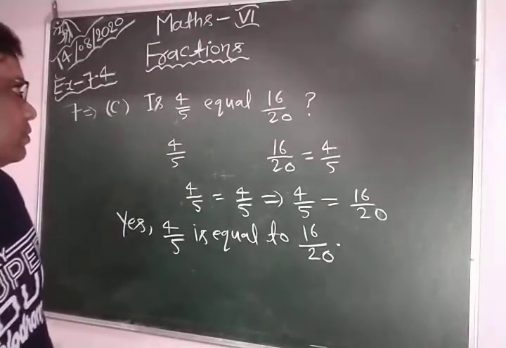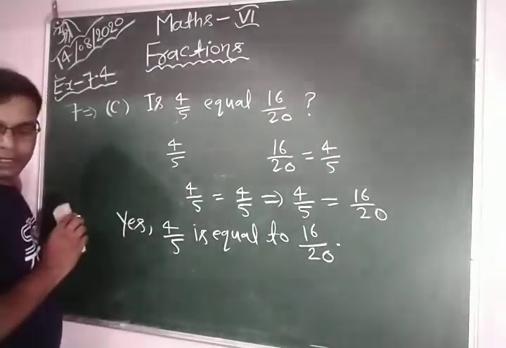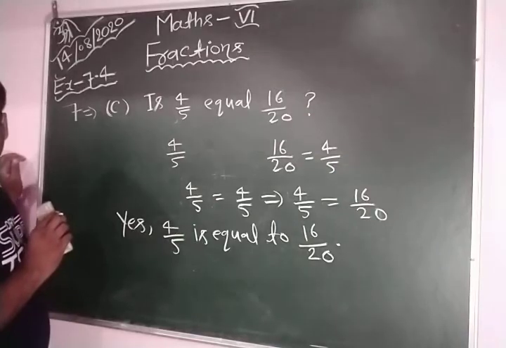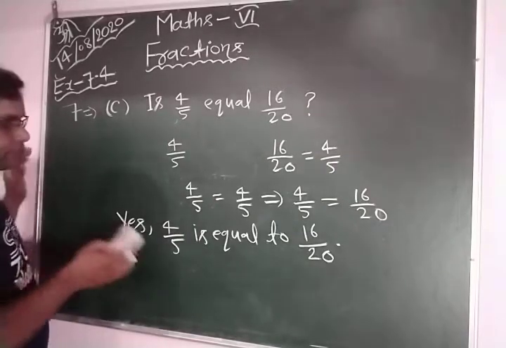Okay. Now, the D part of this question is 1 by 15 equal to 4 by 30.